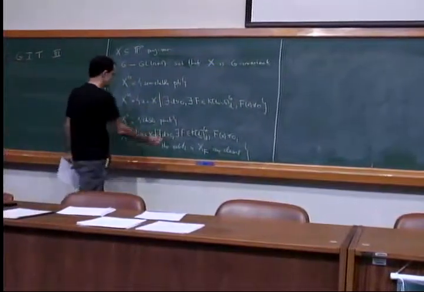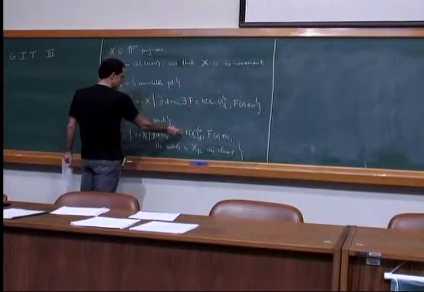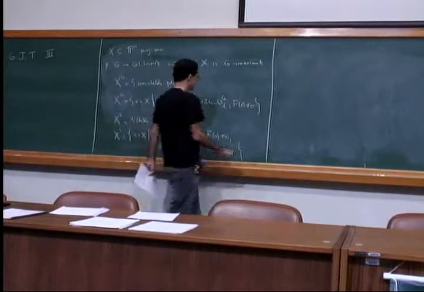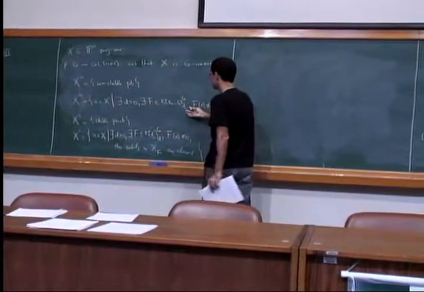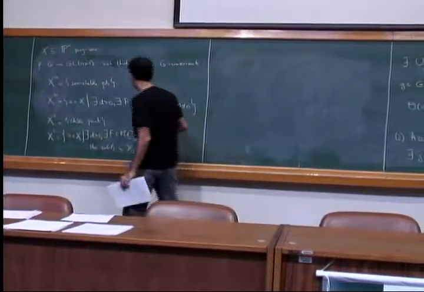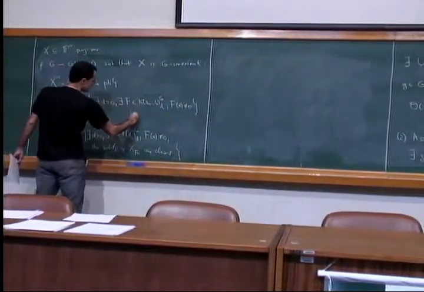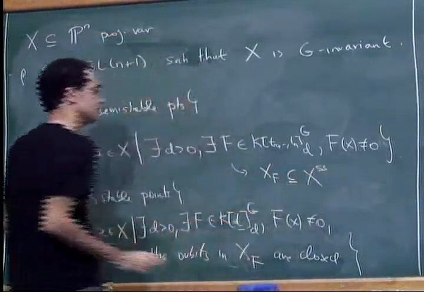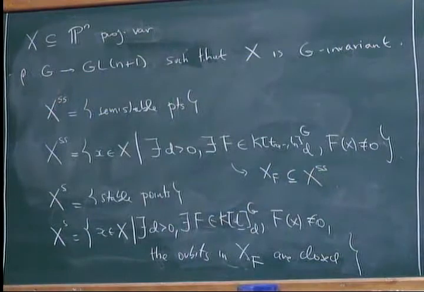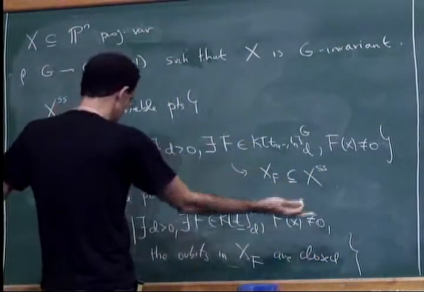It's also easy to see that the f's that appear here, right? So what you have is that, for instance, in this situation here, X_f is contained in X^ss. Okay, so the whole principal open subset is contained in the semi-stable locus, right? Because of the condition given.